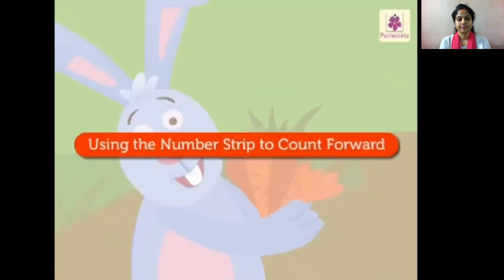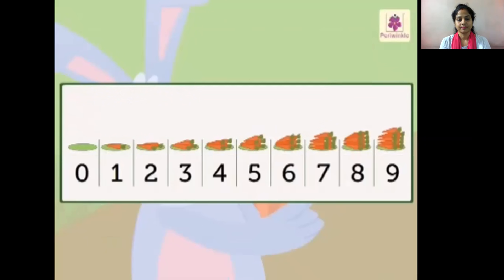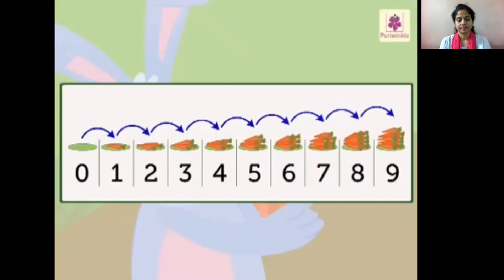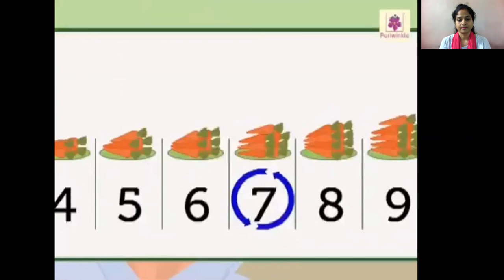Using the number strip to count forward, we can use the number strip to count forward. When we count forward by ones, the next number that we get is always 1 more than the previous number. Number 7 is the next number after 6.